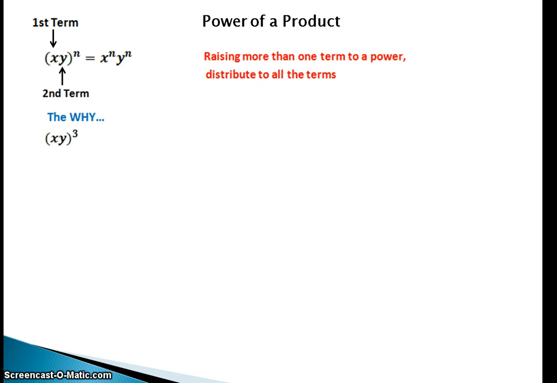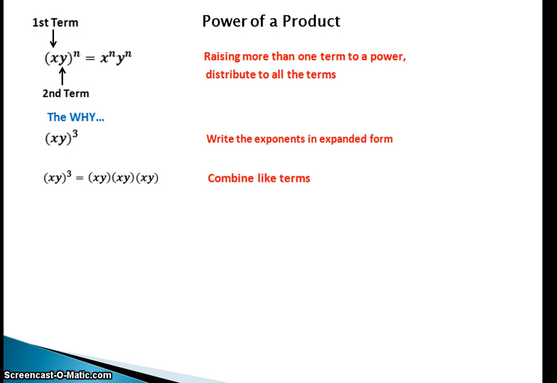Now, why does this work? Well, if we take a look at x times y to the 3rd power, and we write that in expanded form, then we end up with x times y multiplied by itself 3 times.